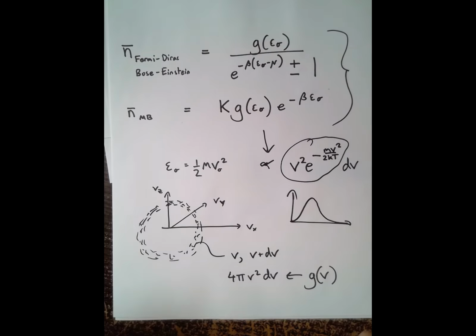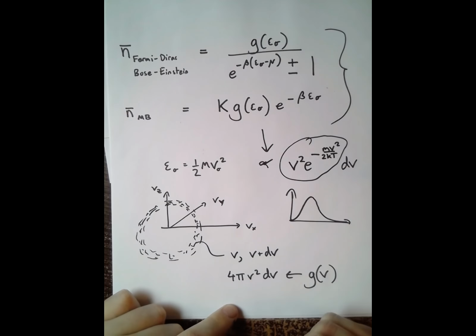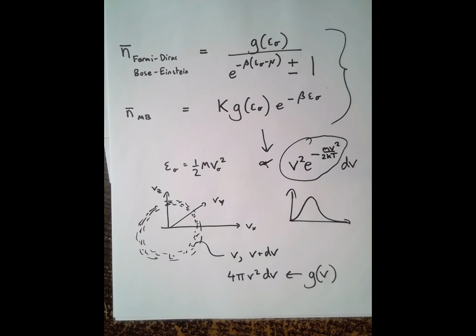But we have now derived it purely statistically from our starting assumptions and counting states. The assumptions that went into this are that our particles are distinguishable and that you can have any number of particles in a given state. From that, you get the behavior of all classical gases, pretty much.